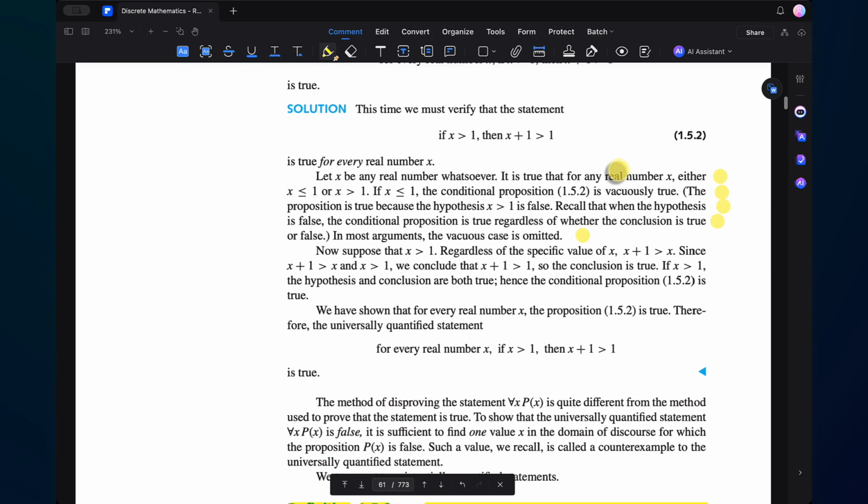Let's see, how do they prescribe this? Let x be a real number. Oh, I see, I guess we have to do it that way. Let x be any real number whatsoever. It is true that for any real number x, either x is less than or equal to 1 or x is greater than 1. If x is less than or equal to 1, the conditional proposition is vacuously true.